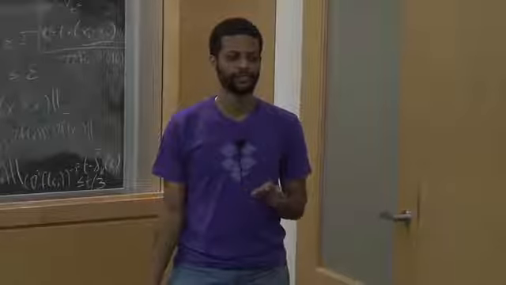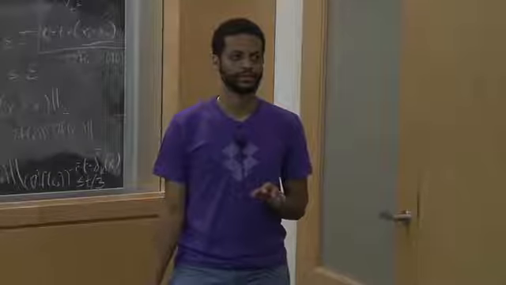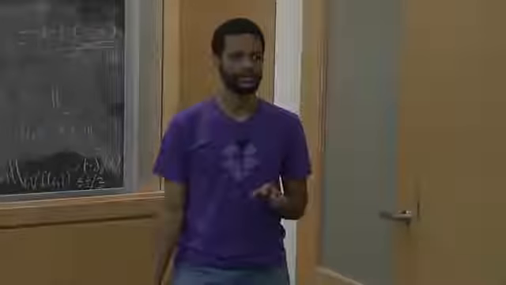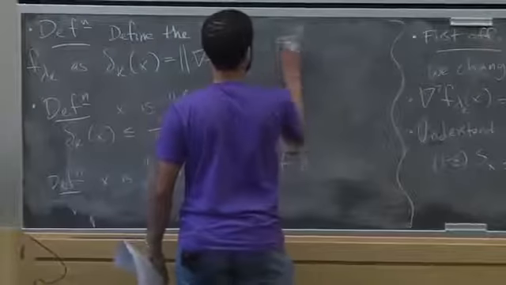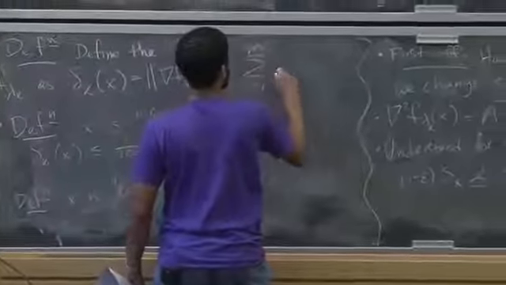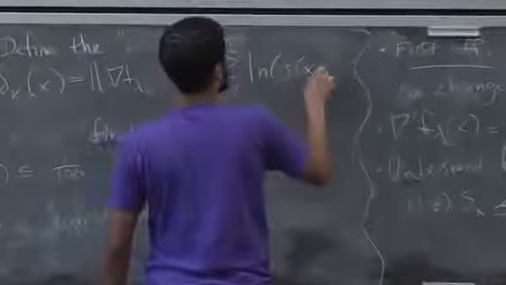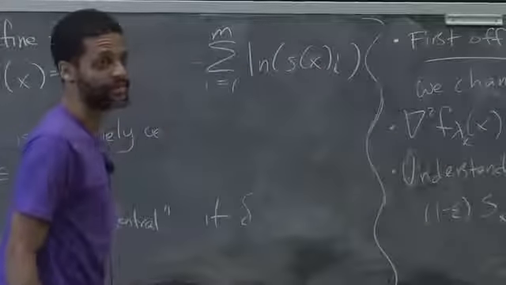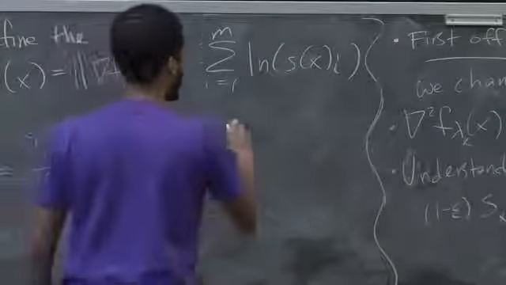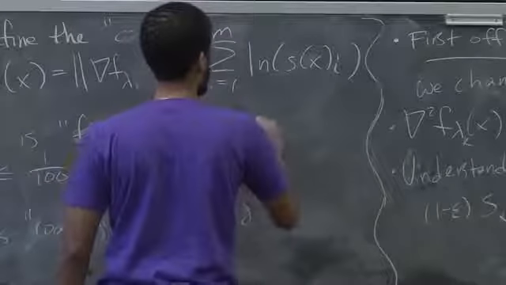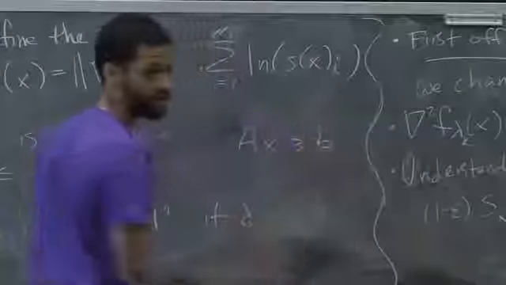Does that make sense? Can you explain again why some constraints are weighted more than others? Oh yeah, right. So the point is, the barrier we're using is minus the sum over i from 1 to m of ln of slack of x_i, right? So what are the slacks? What is the constraint? The constraint is Ax is at least b. That's the constraint, right?